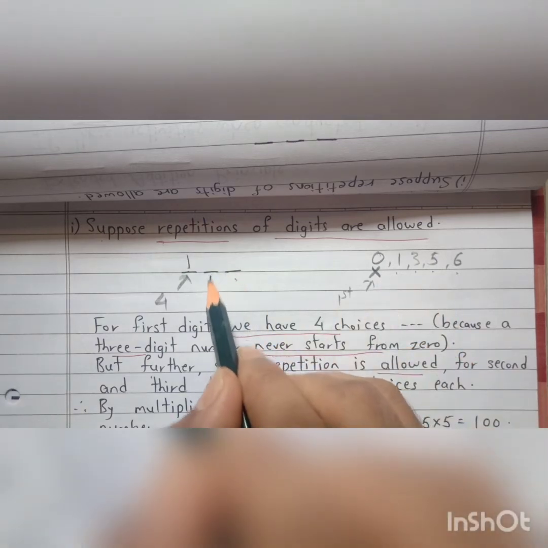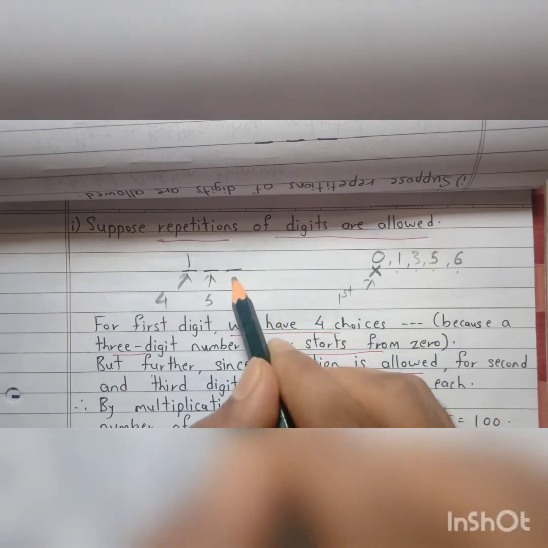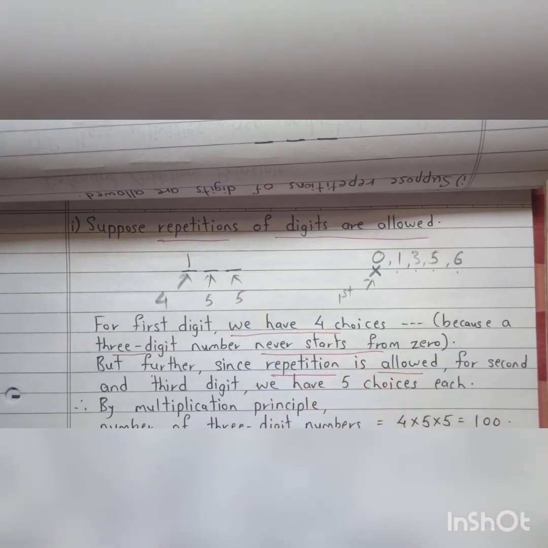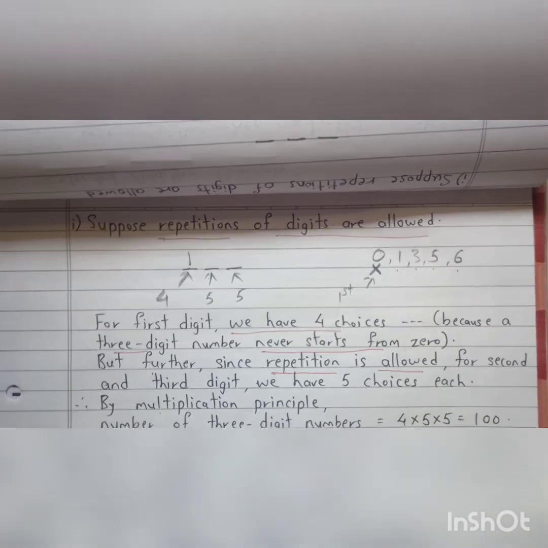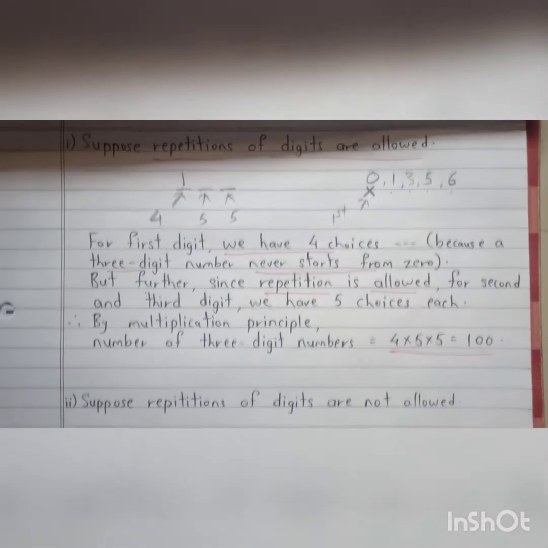So for the second digit we have 5 choices, and again since repetition is allowed, for the third digit also we have 5 choices. So by the multiplication principle, how many numbers can we form? 4 into 5 into 5, which is 100. So 100 numbers we can form. This is the answer for the first question.